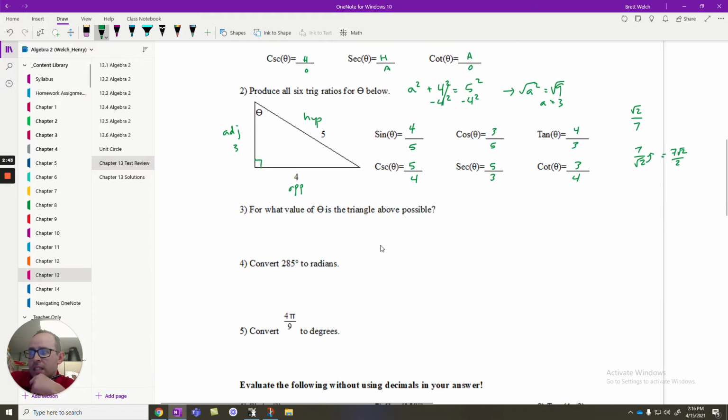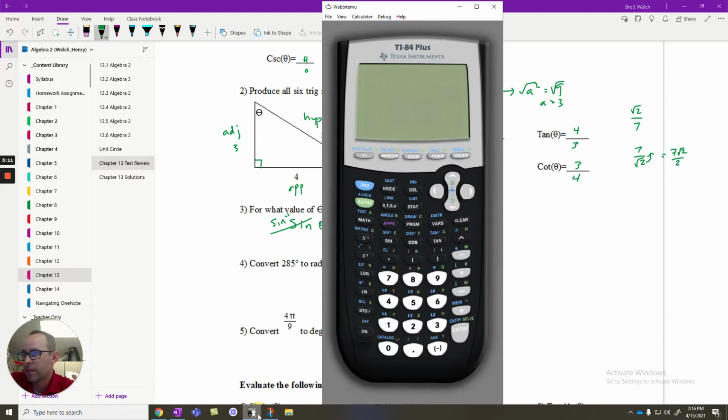Question number 3 says, what is theta? I have this triangle, I have all this information. If we take one of our simple ones like the sine, we say that the sine of theta is 4 over 5. If I want to get theta alone, I'm going to use a sine inverse. So if I apply the sine inverse to 4/5, then theta should equal, and I'm going to have to use a calculator to do this.